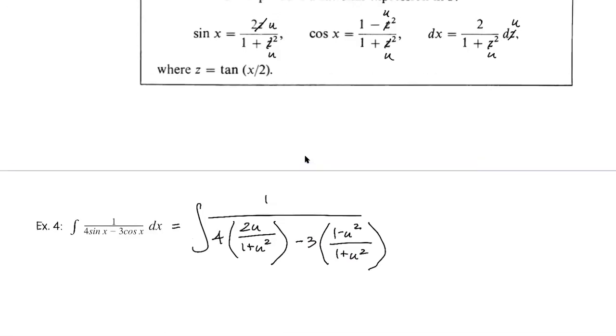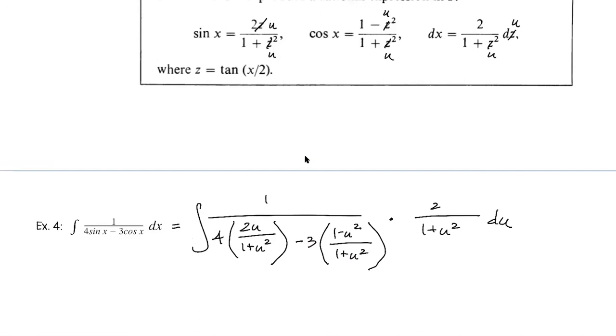And then I need to replace my dx with 2 over 1 plus u squared du. Okay. So all I've done is take the substitutions that they told me to put in and just plug them in.